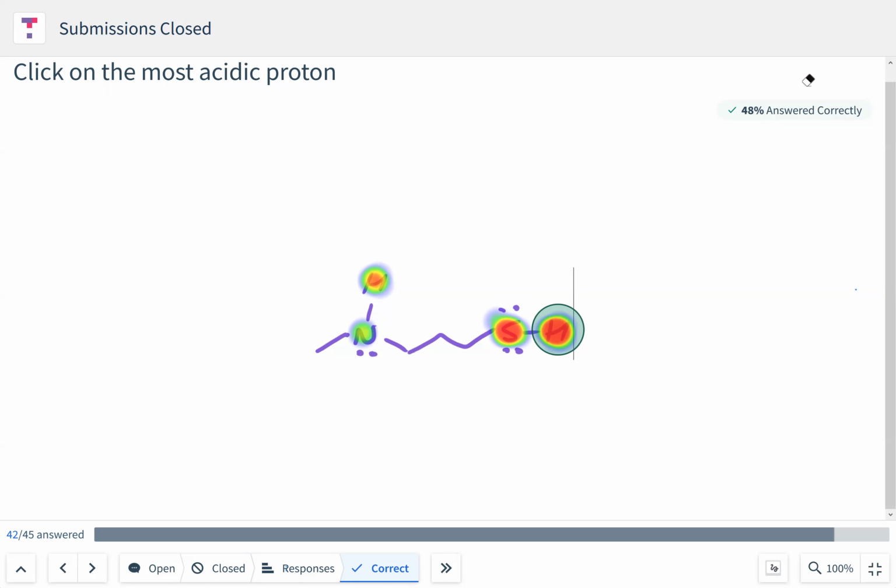What if it's something like selenium versus chloride? Would it be selenium since the atomic size is larger? That's an excellent question. This analysis works very well if you're going left to right.